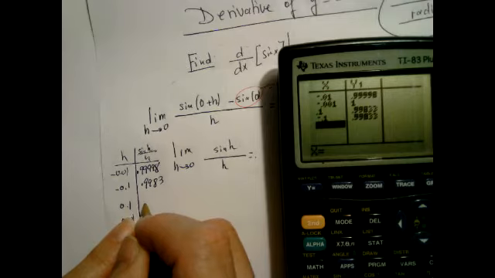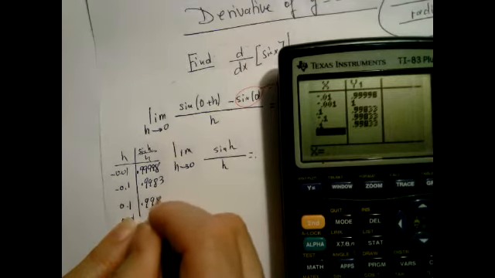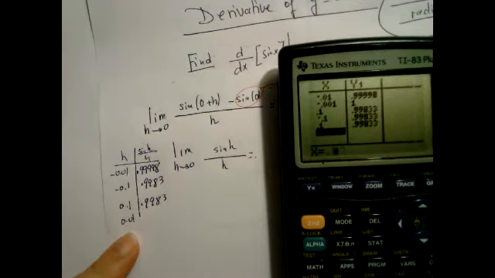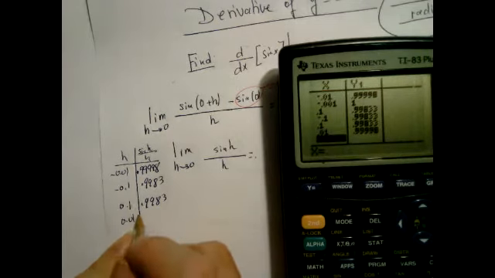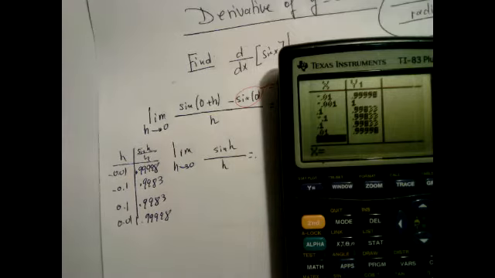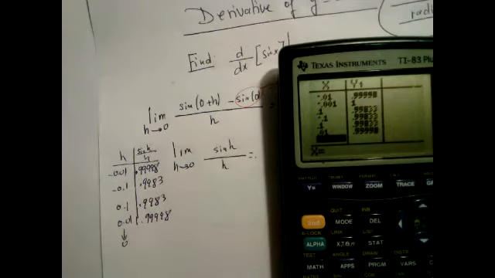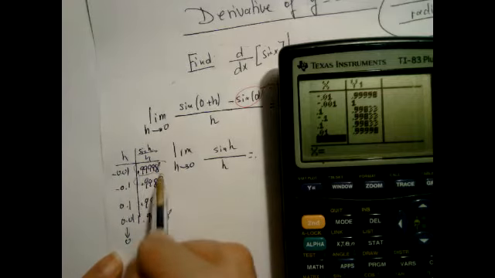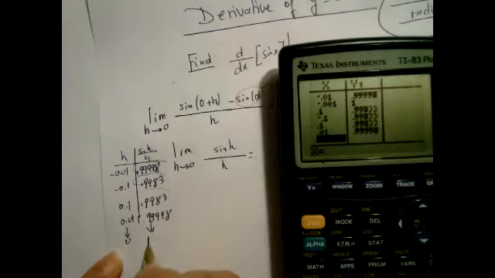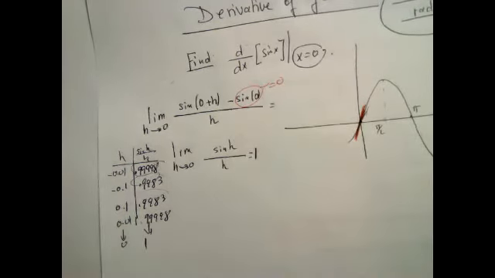At 0.1, it's also 0.9983. At 0.01, it's 0.99998. So it's very clear that as we take h very small, whether we go from the left or the right, the slopes of the secant lines are approaching 1. So this limit is equal to 1, and that's the only value I want.